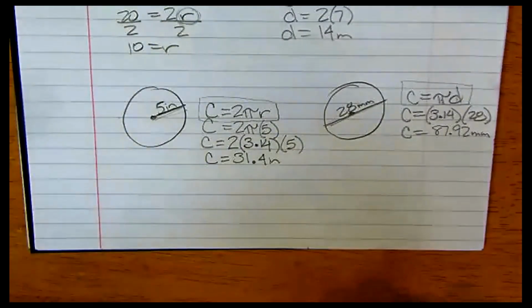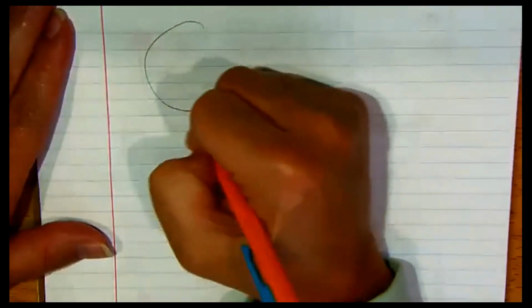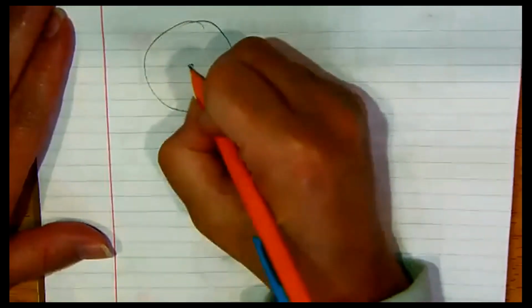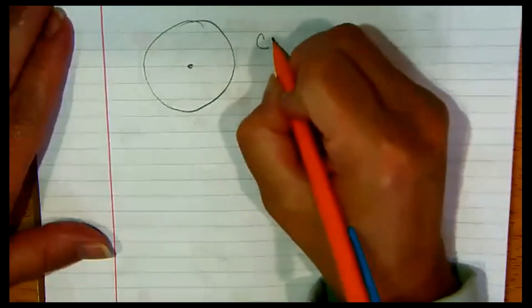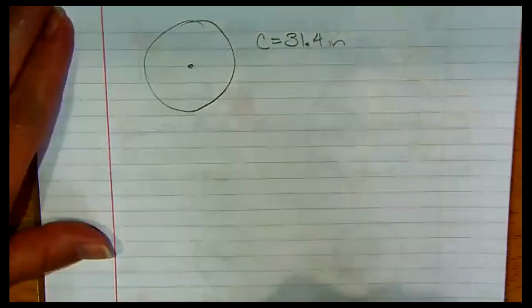Now, let's take this one step further. And the book is going to give us a problem like this. We have a circle. There's the middle. And they're going to tell us that the circumference is equal to 31.4 inches.